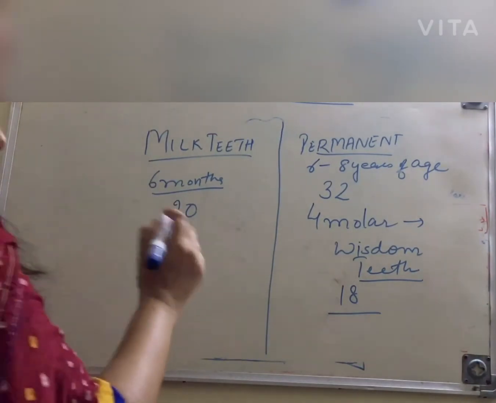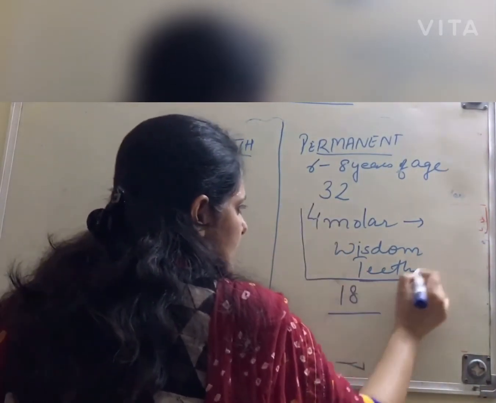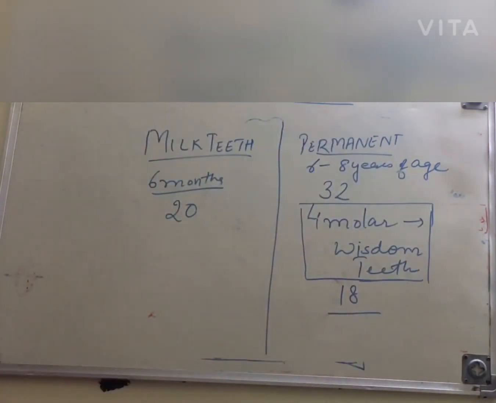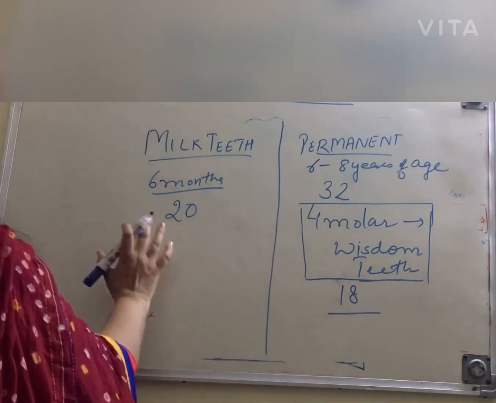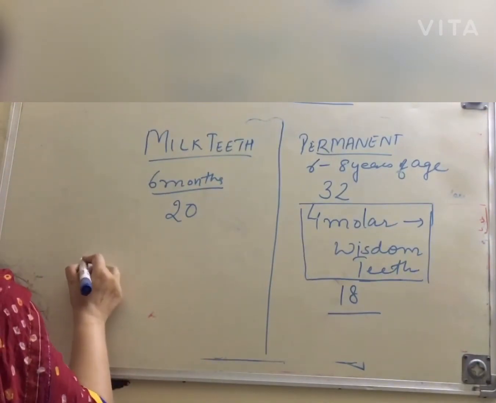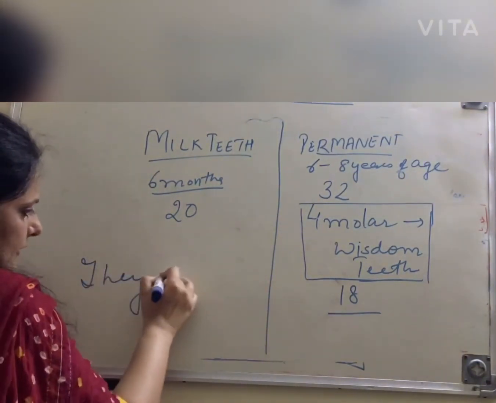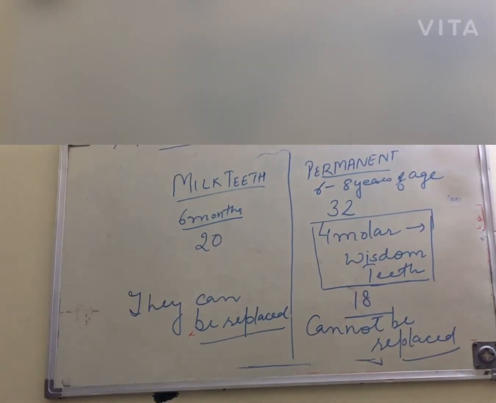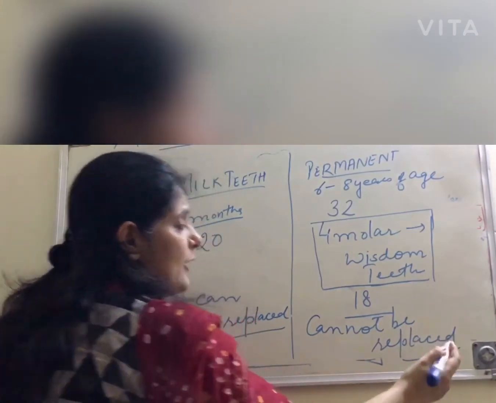Out of these 32, there are 4 molars which are wisdom teeth. They appear after the age of 18. Milk teeth, once they fall, can be replaced, whereas permanent teeth, once they fall off, cannot be replaced.